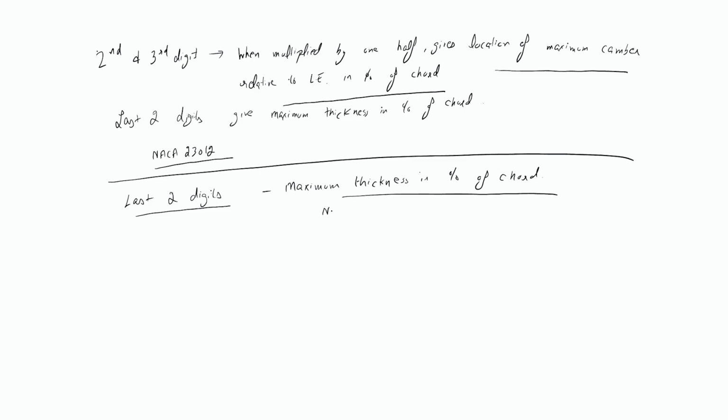Now let me write here again the series name, NACA 64-212. So here 6 is the series airfoil, with minimum pressure point at 0.4 C from the leading edge.